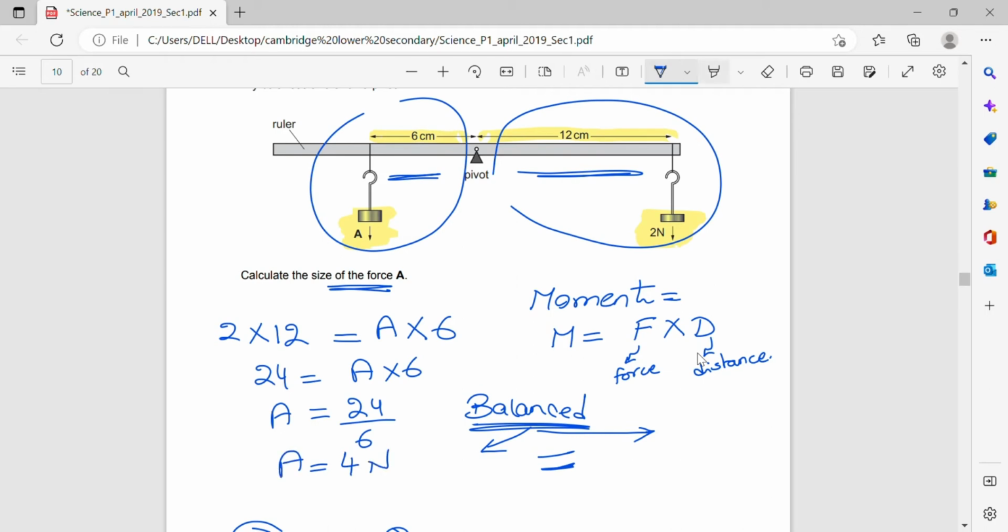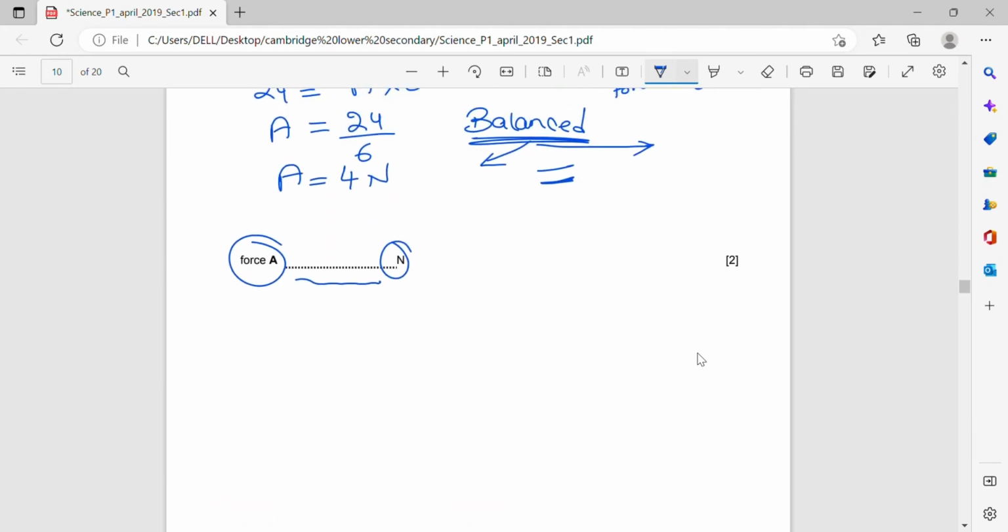Is it clear? Again طالما عندي pivot وعندي it's balanced يعني ال force time distance on one side equals to the force time distance on the other side ومن هنا نقدر نجيب ال missing force. طب next question يبقى الأنسر هنا 4 ما ننساش نكتبه.